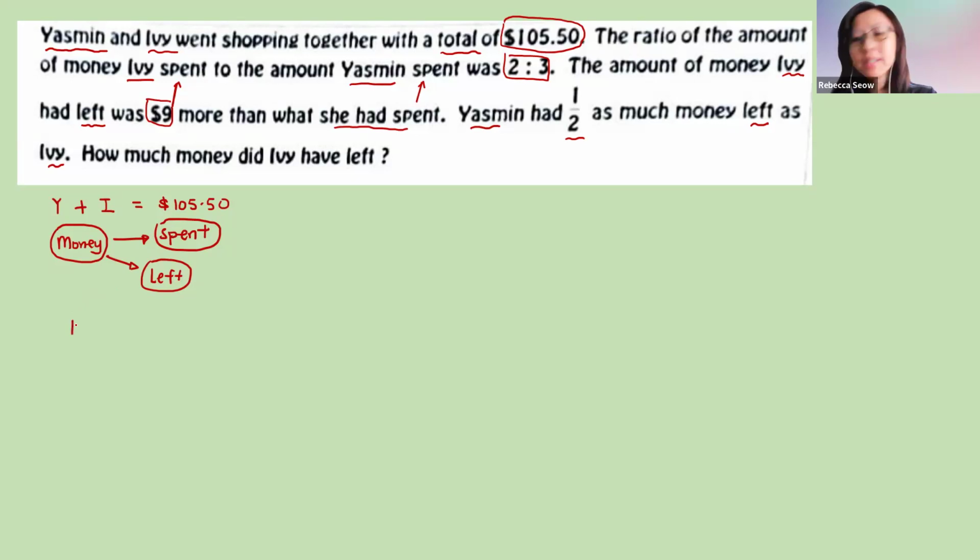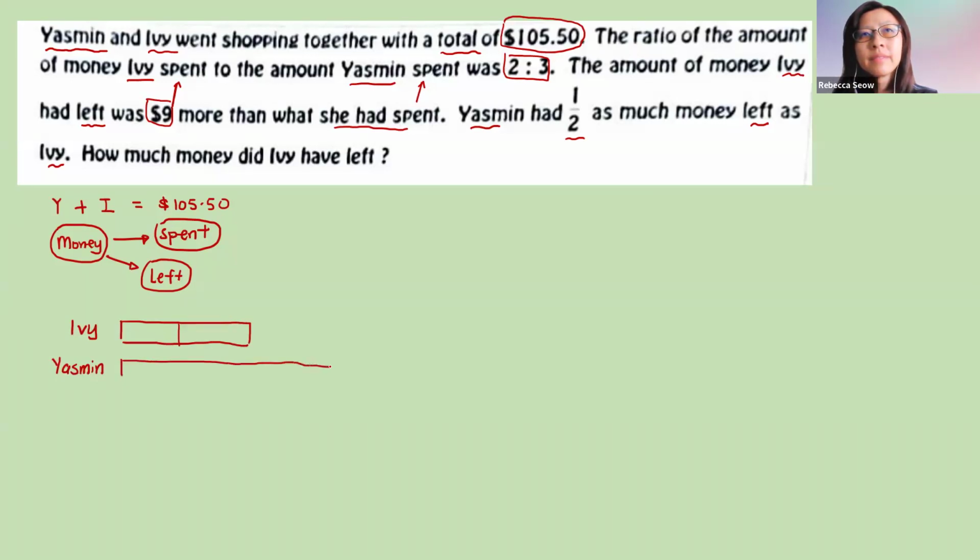So we have Ivy, 2 units, and Yasmin, 3 units. This is the amount spent.